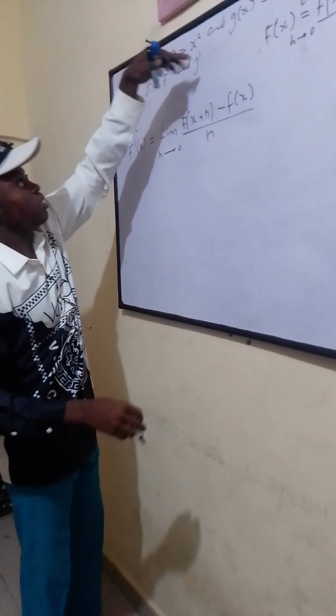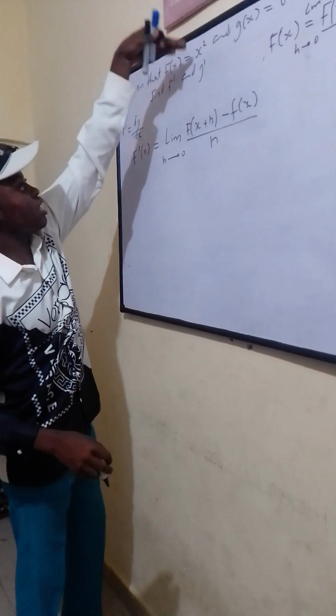They said f of x is x squared. Now let's go.